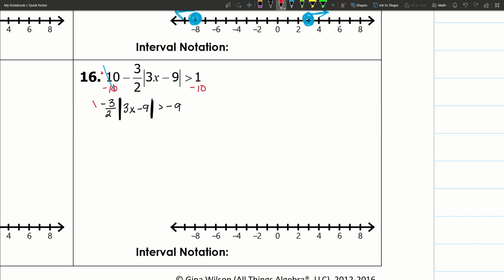Now most of you are going to say just multiply by 2, because 2 divided by 2 is 1. And negative 9 times 2 is negative 18. And now we would divide by that negative 3.